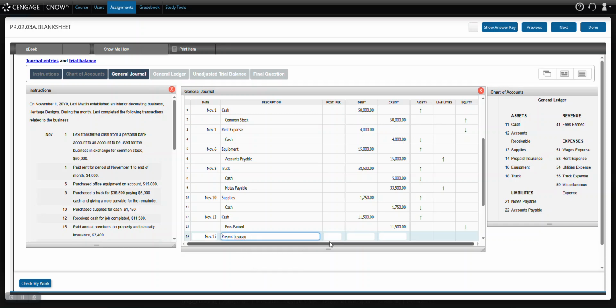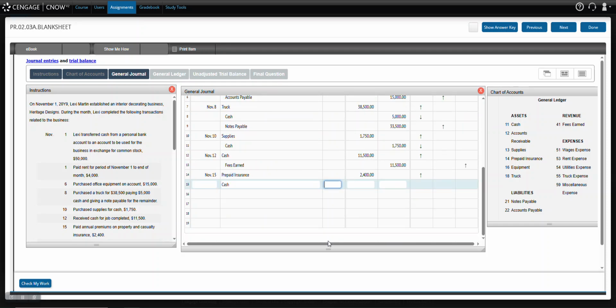So I have paid my insurance for the entire year in advance, and I've paid it with cash. So it's an asset to me because I basically own that insurance policy now. Somebody else, that insurance company, owes me some services over the next 12 months. So it's an asset to our business.